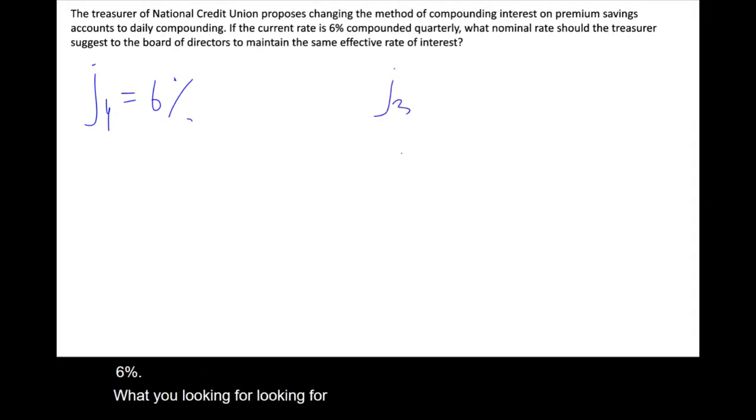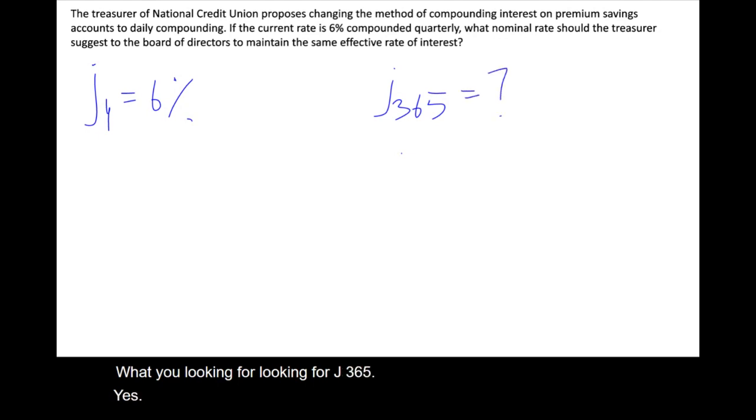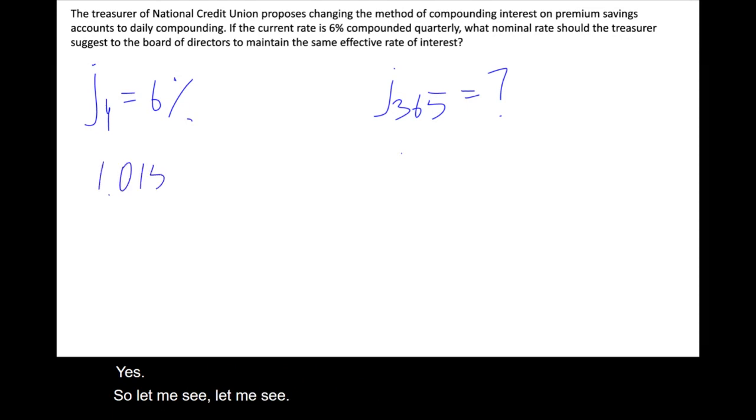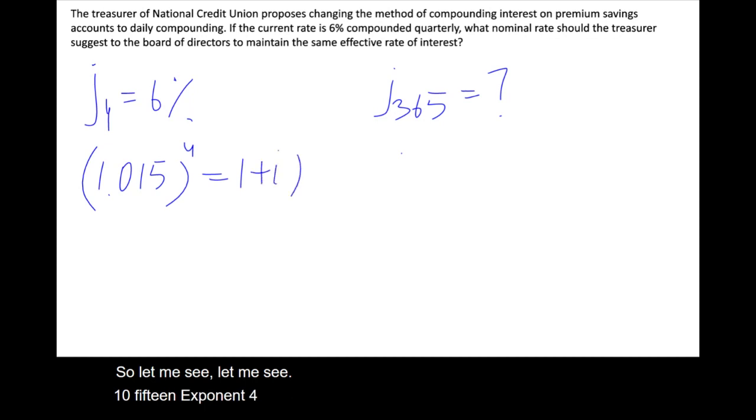Okay, guys. So what do we have? We have J4, 6%. What are we looking for? We're looking for J365. Yes? So let me see. 1.015 exponent 4 equals 1 plus i exponent 365.